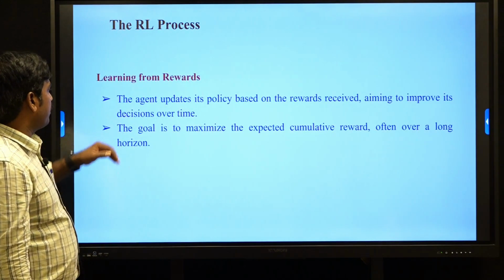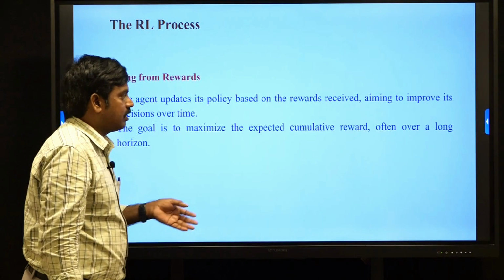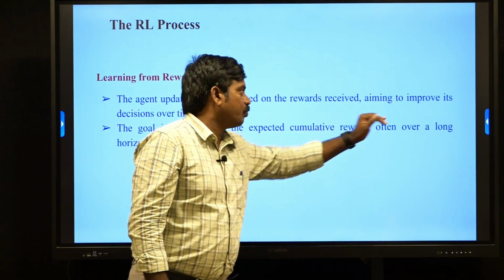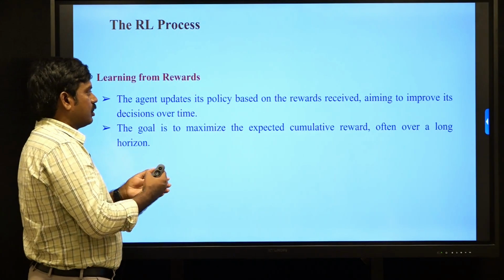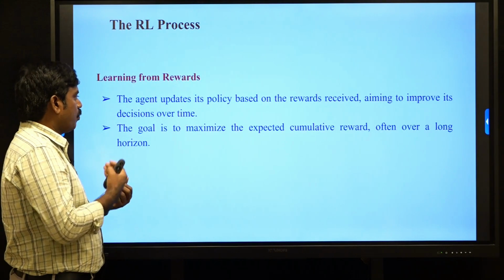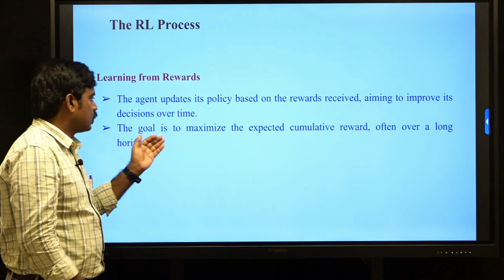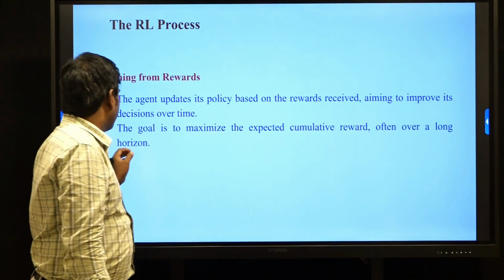Next, learning from the rewards. The agent updates the policy based on the rewards received from the environment. Its aim is to improve its decisions over time. How do you change the decisions? If you take an action, you get positive rewards or negative rewards. Based on that, you change the decision. The goal is to maximize the expected cumulative reward obtained over a long horizon.